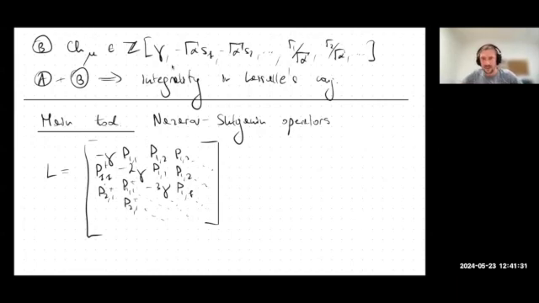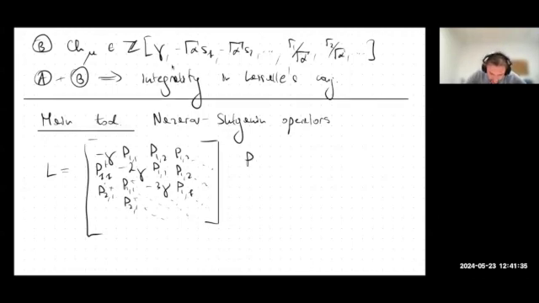It is stable on each diagonal. And P is equal to P1K, where K is greater or equal to 1, and P dagger is equal to PK1 dagger, where K is greater or equal to 1.